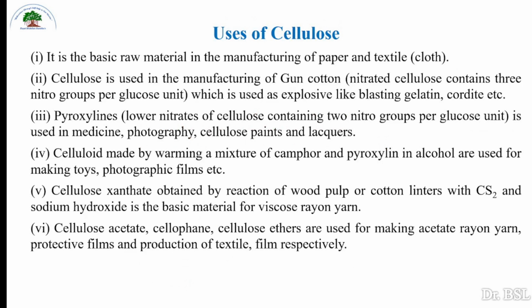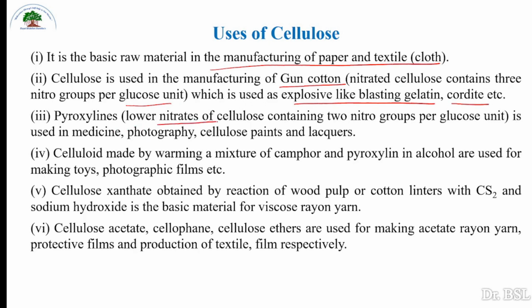Uses of cellulose. It is a basic raw material in the manufacture of paper and textile, that is cloth. Cellulose is used in manufacturing of gun cotton. Nitrated cellulose contains 3 nitro groups per glucose unit, which is used as explosive like blasting gelatin and cordite.